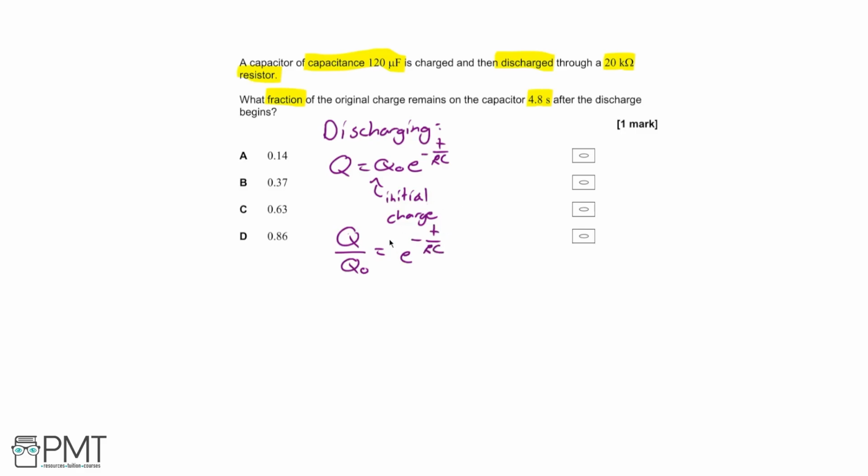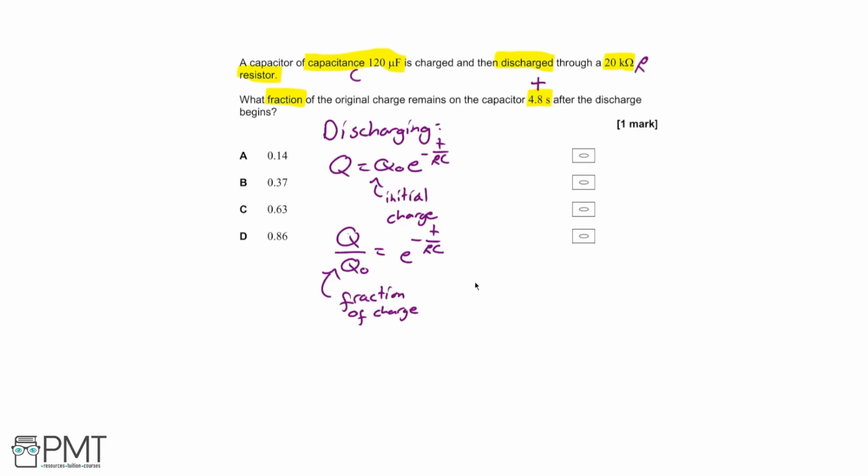In this question, we're interested in determining what this fraction of charge is, Q divided by Q0. In the question, we've been given the time at which we want to evaluate this, the resistance of the resistor that it discharges through, and the capacitance C.